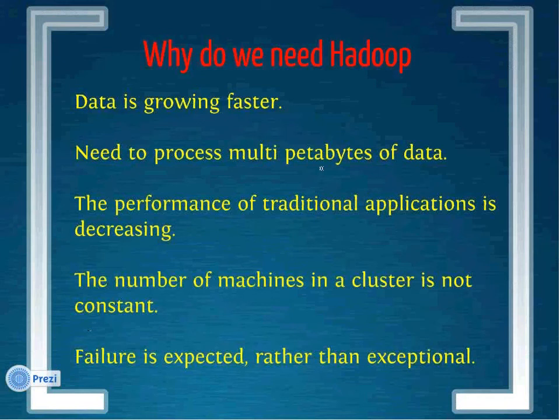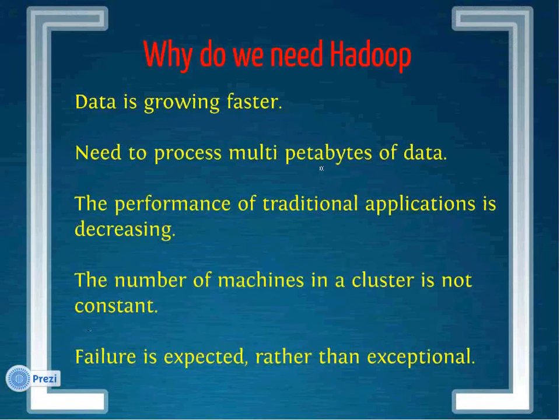The next we have is the performance of traditional applications is decreasing. Traditional applications means we are using software like Oracle or Teradata or anything on a single machine. So if you are doing everything on a single machine, definitely there will be a decrease in performance. Suppose now you have 200 GB of data and you are dealing with that data with the help of a single machine.